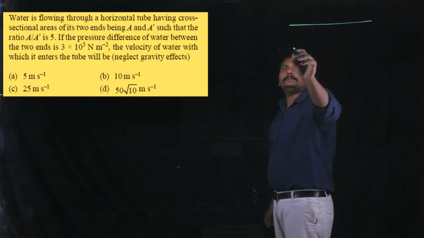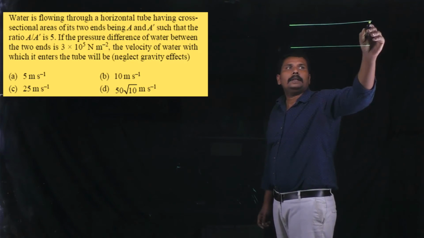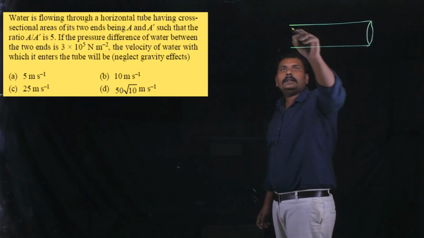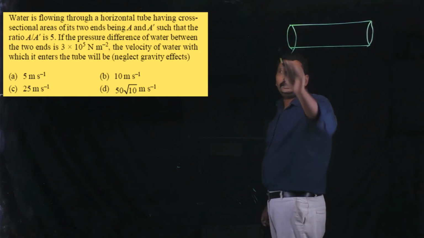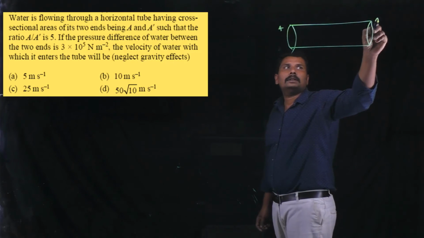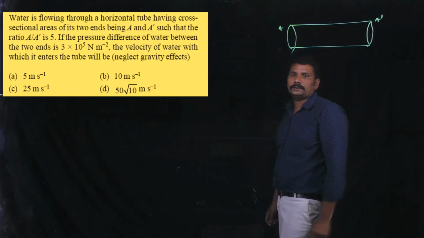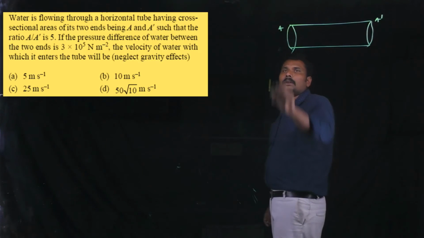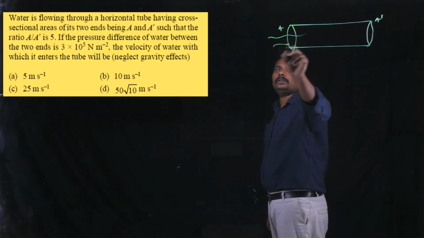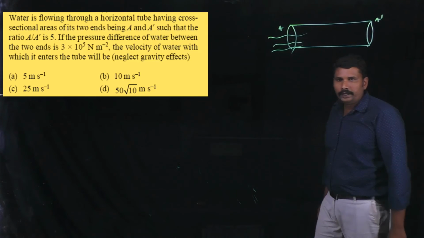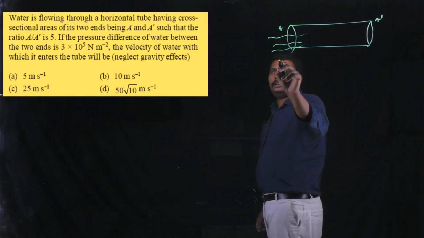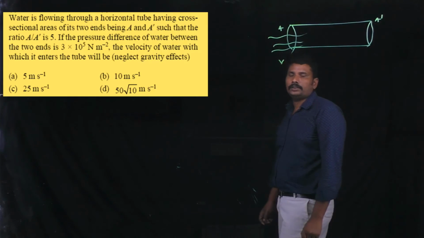like this, having the area of cross sections, one is A and another one is A dash. Water enters into the tube like this. We want to find the velocity of the water that enters the tube.